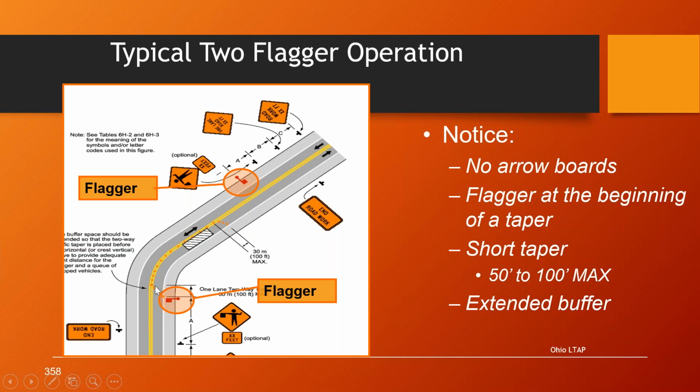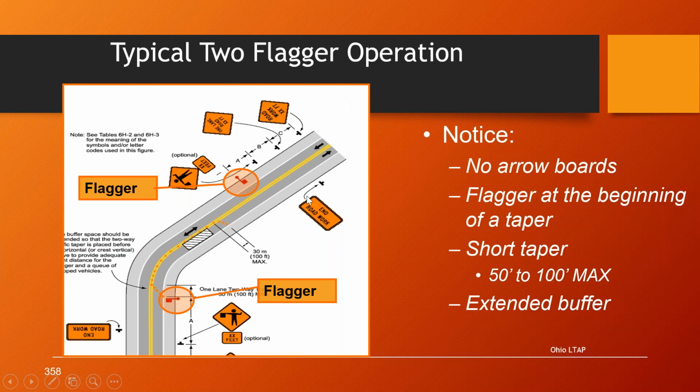Showing the flagger standing at the beginning of the cone taper in the closed lane. And then in the open lane, the flagger is standing on the shoulder of the road at this location. And it shows the signage for the open lane as well.